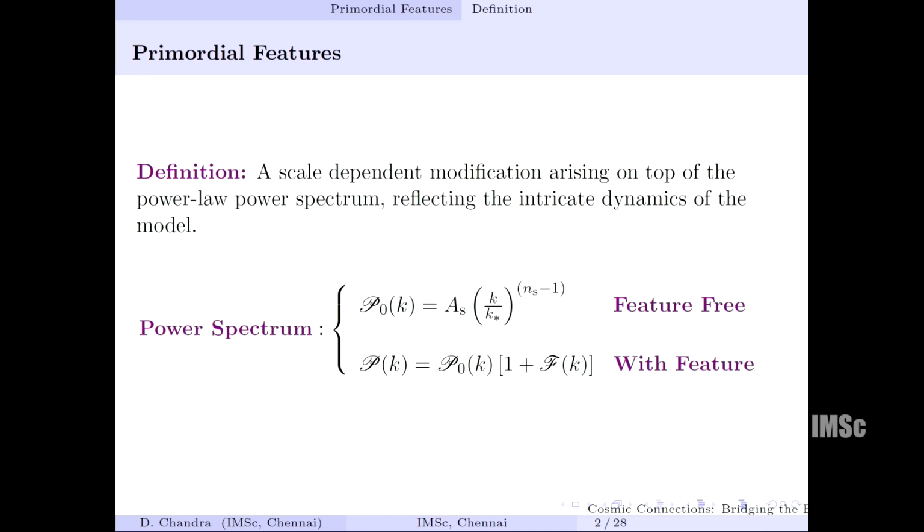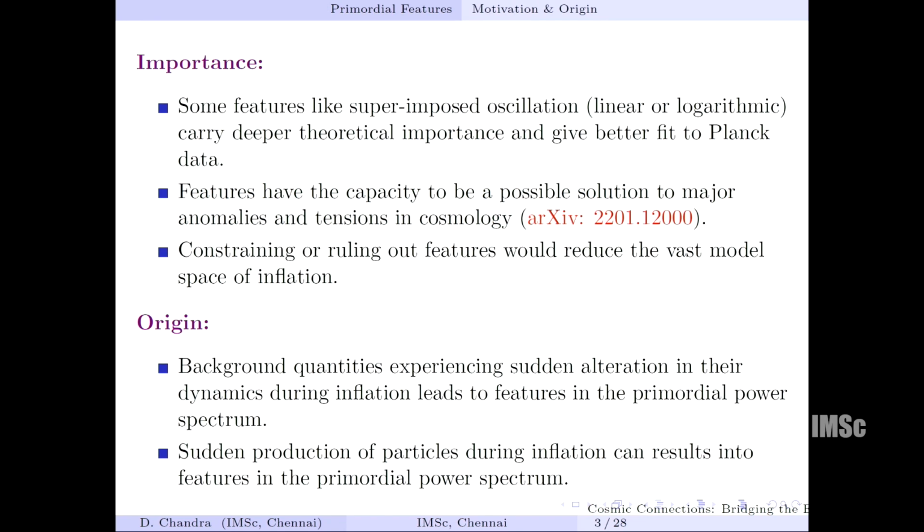Depending upon the inflationary scenario or the physical model, the functional form of the features differs. As we all know, to date the best explanation that we have for the origin of the primordial power spectrum comes from the inflationary paradigm, which gives rise to the CMB and large scale structures.